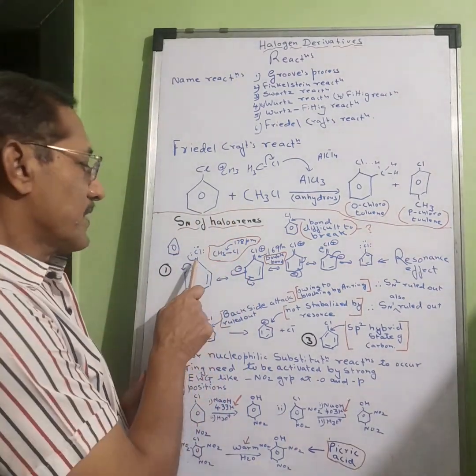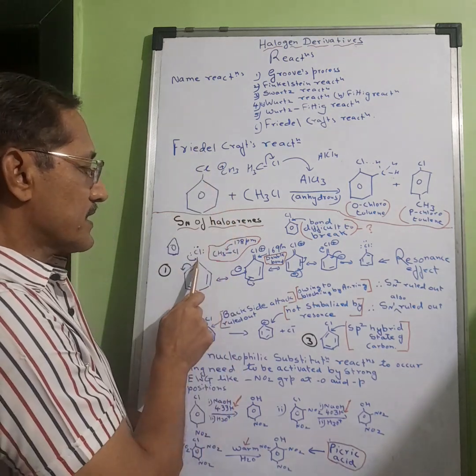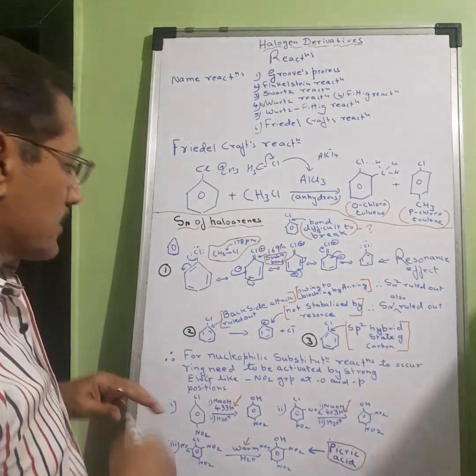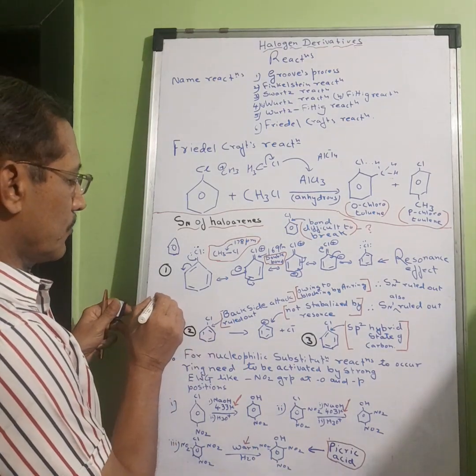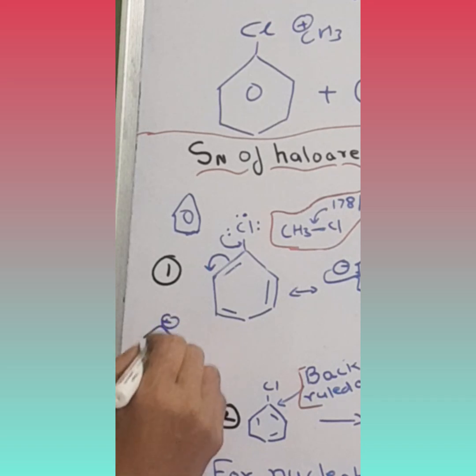What would that be? Here we generated carbocation here. In this case, we would generate carbocation over here. Alright, so for this sort of reaction, you need to generate carbocation over here.